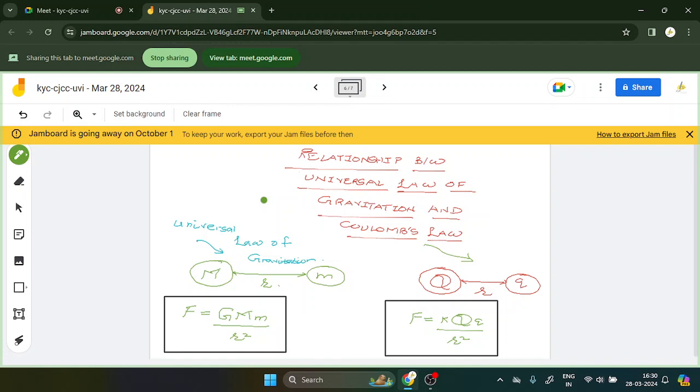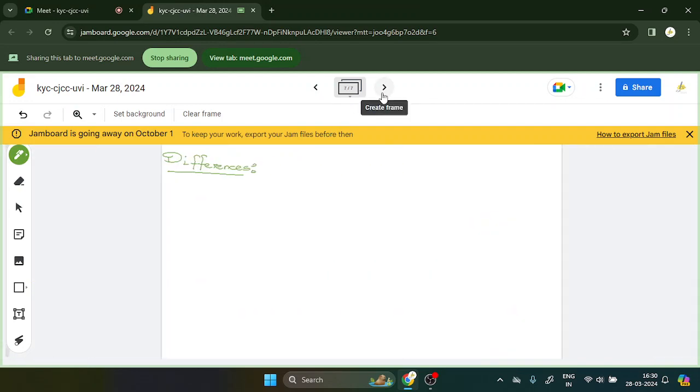Understood or not? So we can write that. I'm writing here what the dissimilarity is. What are the differences between them? Number first, a very important point.